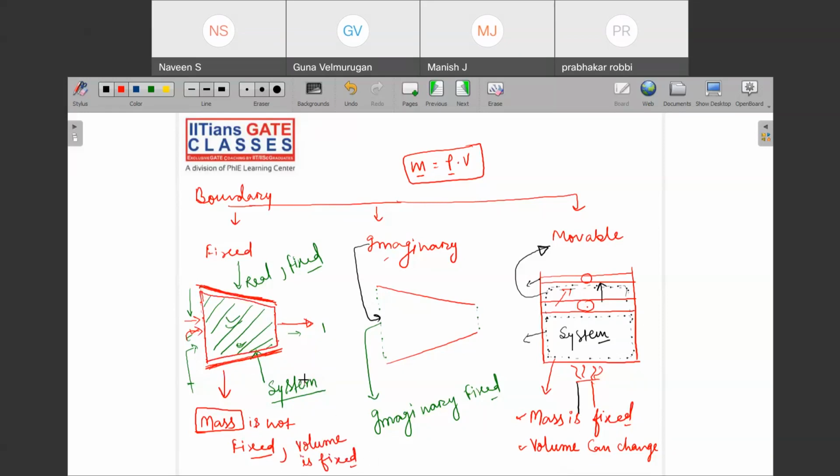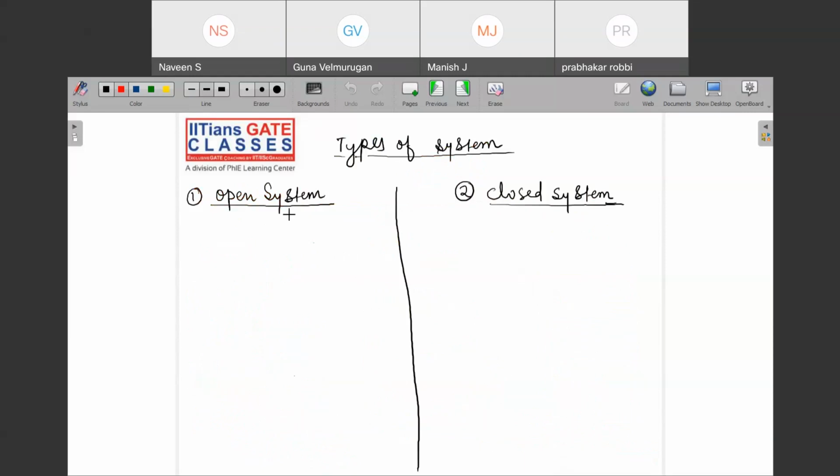So we have created the basis anyway for need to classify the system. Why? Because I can see that somewhere there is interaction of mass and the volume is fixed, but I can see somewhere else that mass was fixed but volume was getting changed. So this is the need to classify your systems into two parts.